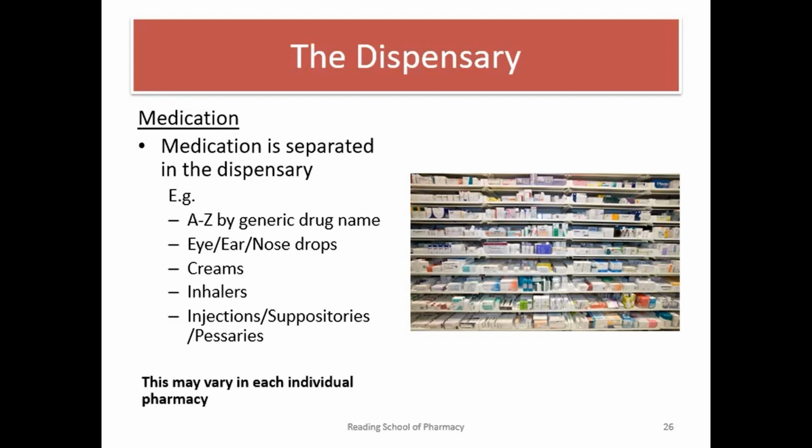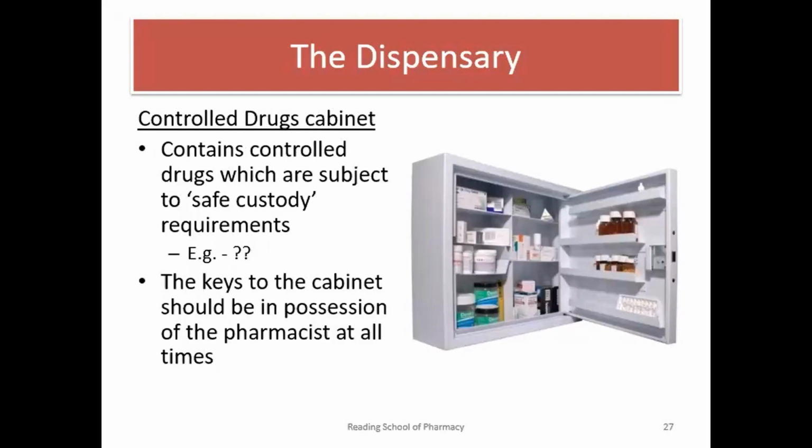But essentially, what you're thinking about is how the dispensary is laid out. So, for example, you will normally find the oral preparations like liquids and antibiotics closer to the fridge, near the sink, and things like the controlled drugs cabinet will be situated within the pharmacy, but they tend to be further towards the back of the dispensary. They're not really close to the front.